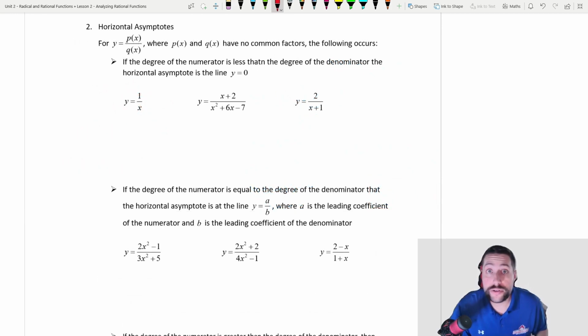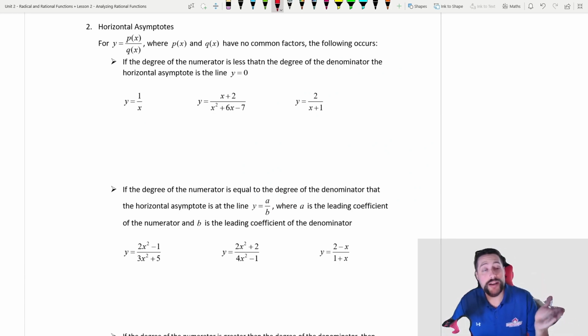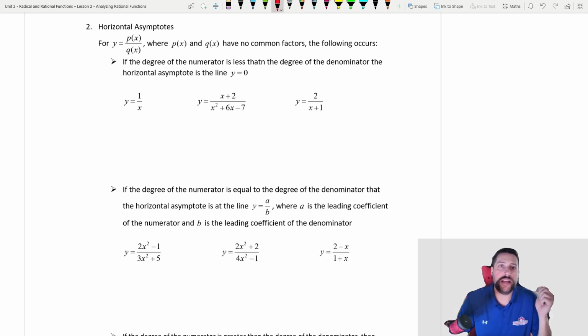Okay, last characteristic we'll go over, horizontal asymptotes. For when y is your p of x over q of x, so your rational function where p of x and q of x have no common factors, the following occurs. If the degree of the numerator is less than the degree of the denominator, the horizontal asymptote is the line y equals 0. Again, the degree is the power.